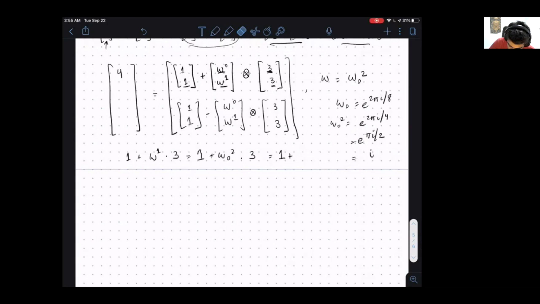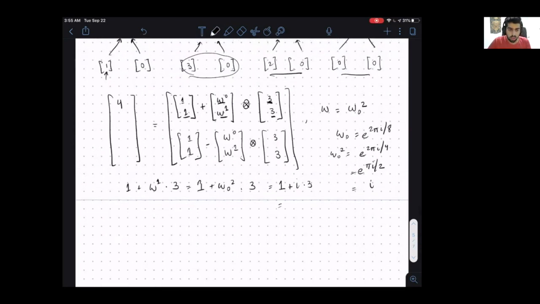So this is 1 plus i times 3, which is just 1 plus 3i. So that term is 1 plus 3i. Okay, and let's move through the rest of them.